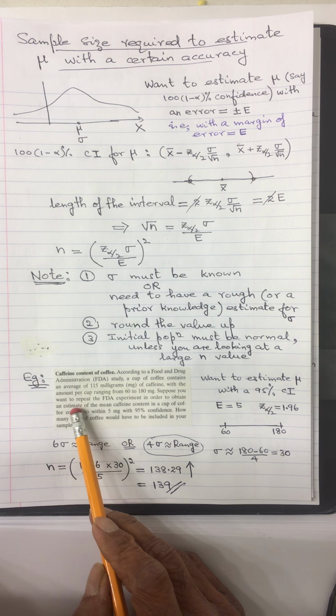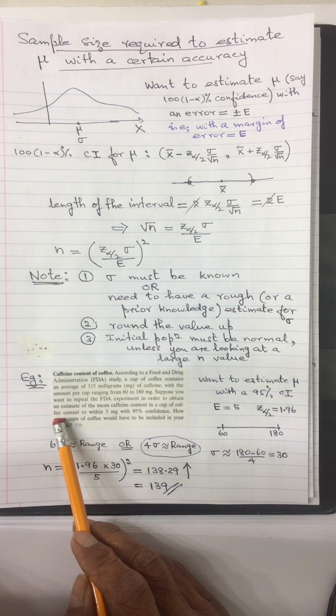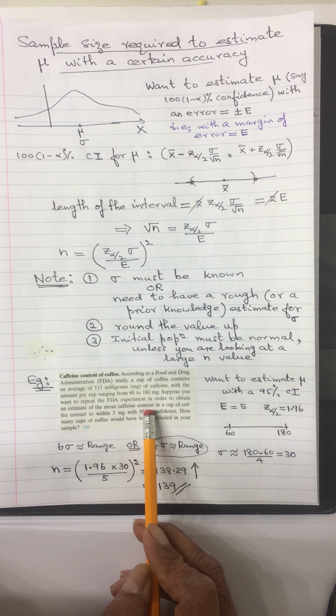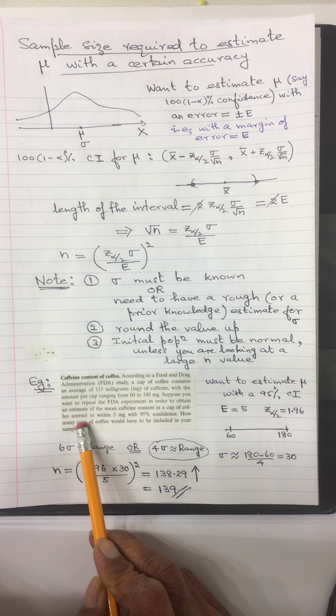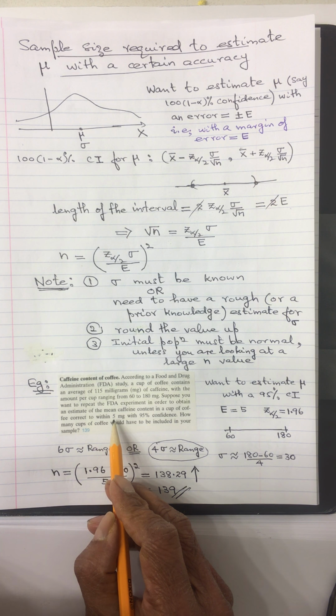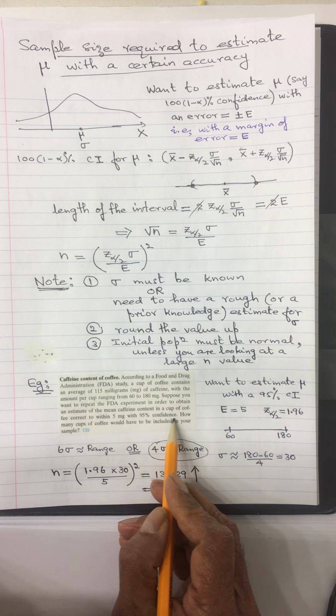Suppose you want to repeat the FDA experiment in order to obtain an estimate of the mean caffeine content in a cup of coffee correct to within 5 milligrams with 95% confidence.